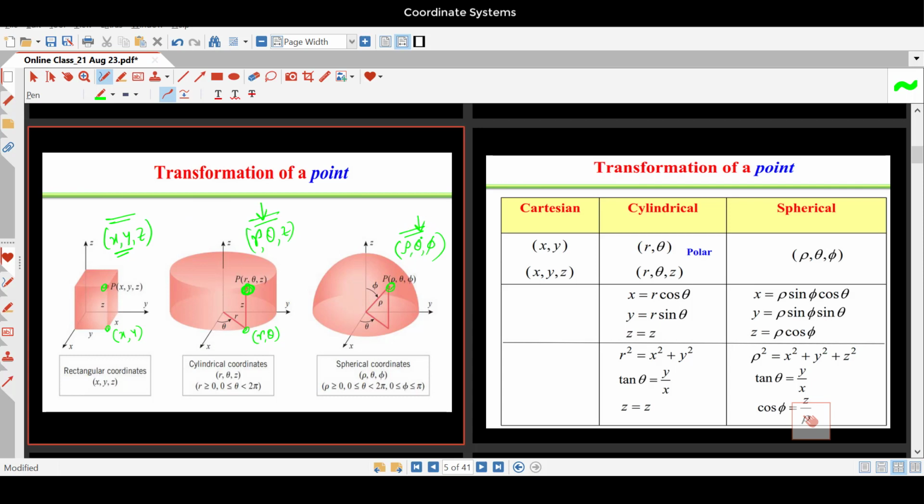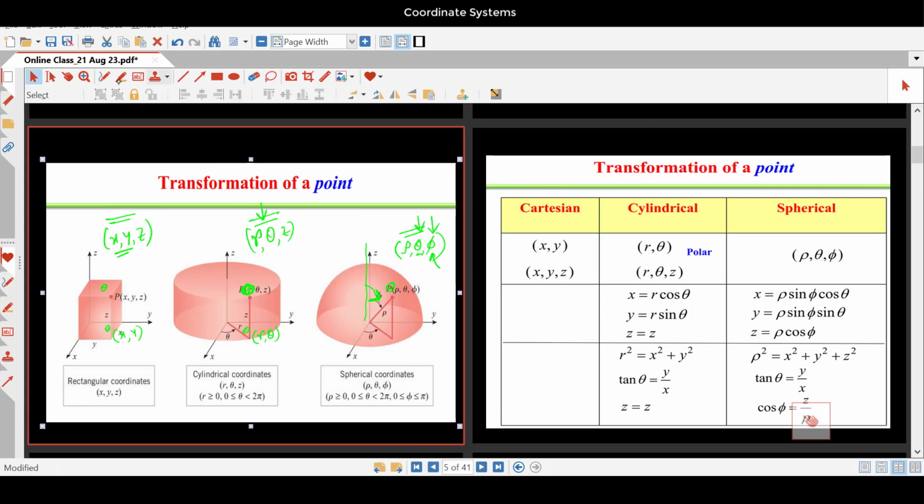Here you can see the same theta. At the same time we have phi. Phi is another angle, and you can see which angle we are considering. If we have to determine phi, then you have to come from the vertical z-axis to the vector. Theta is the angle that is in 2 dimensions, that is on the xy plane.